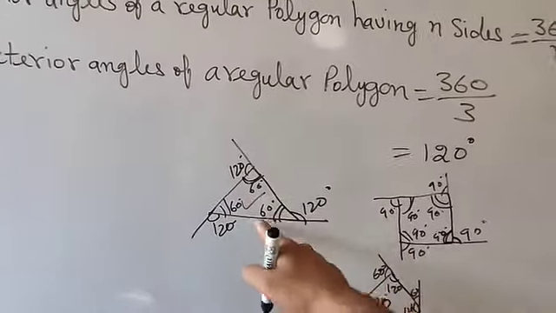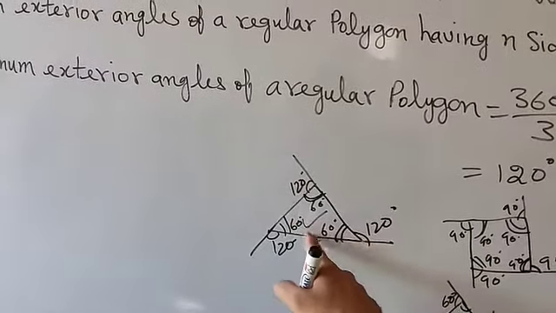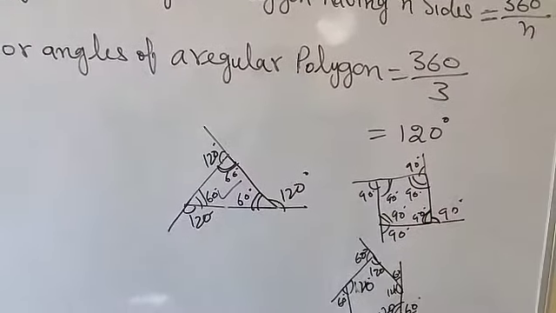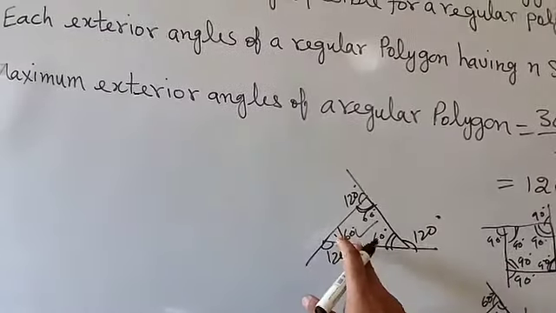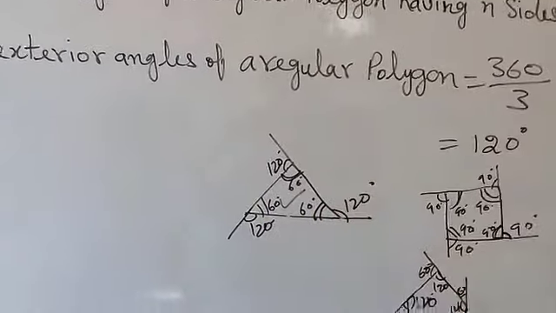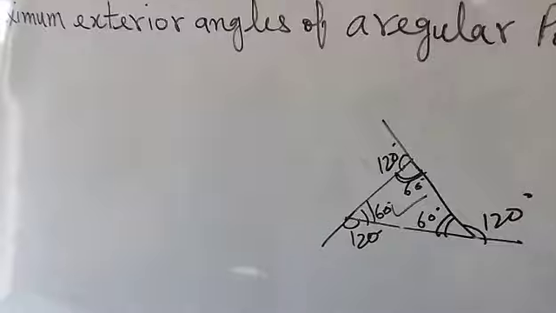The reason is that if the number of sides is 3, then each interior angle is 60 degrees. If it is 4, then 90 degrees. If it is 6, then 120 degrees. So the minimum interior angle possible for a regular polygon is 60 degrees. So this is the answer of the A part.